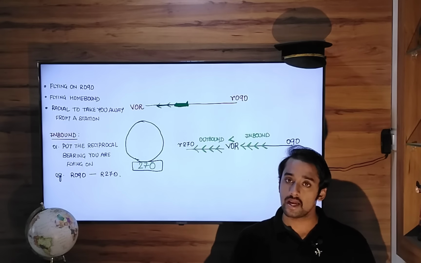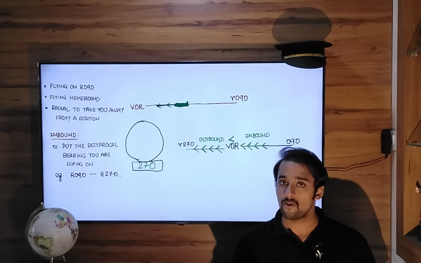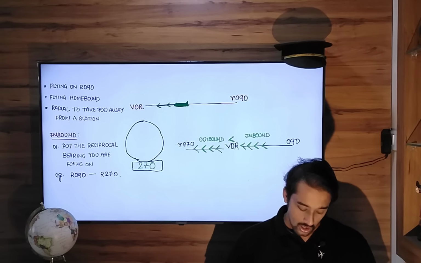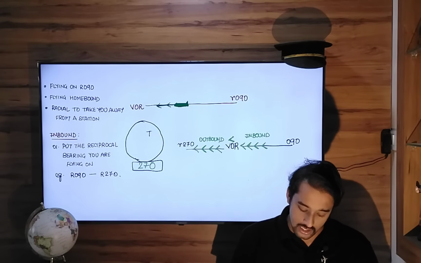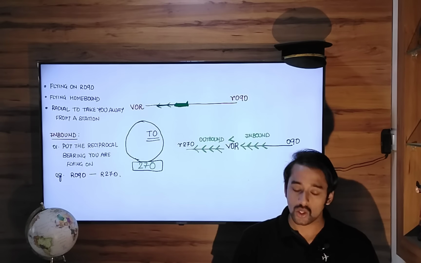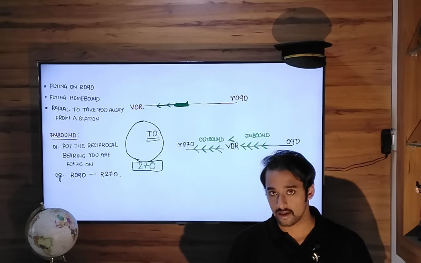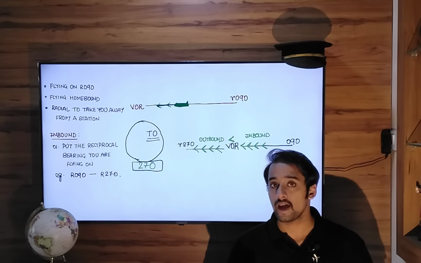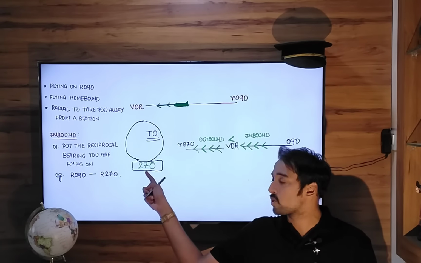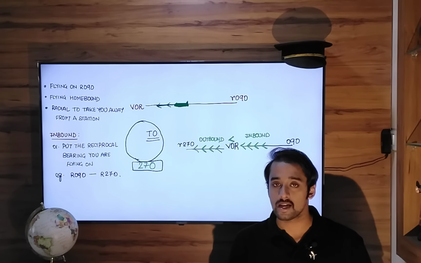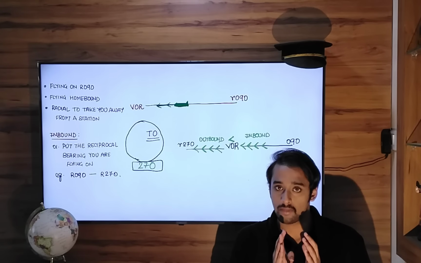Next, when you put radial 270, although you are flying on radial 090, what indication will you get? You will get two indications in the OBS selector. Now, when you are flying outbound from a station and you put radial 090 here, you get FROM indication, because that is the correct method.